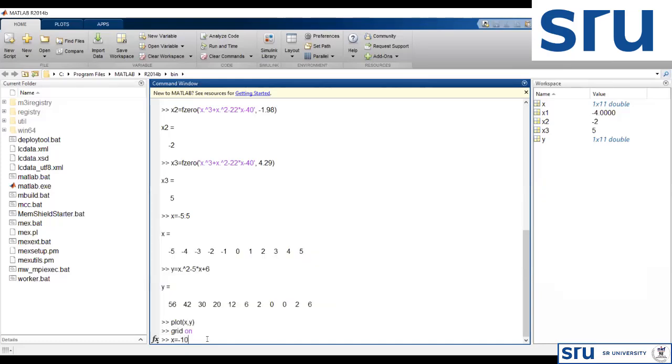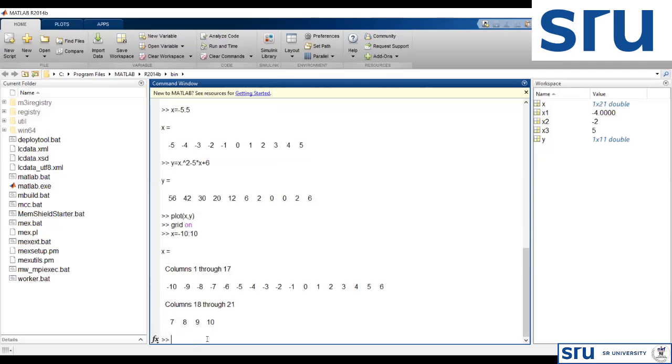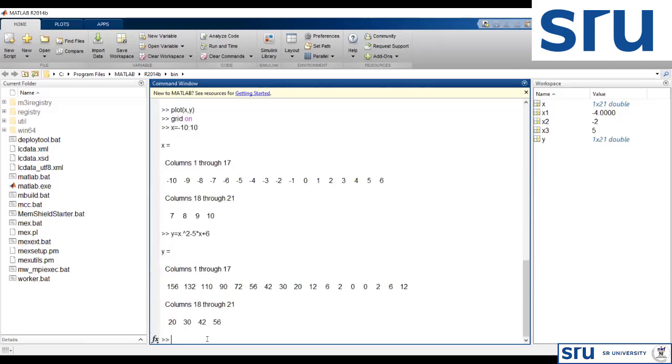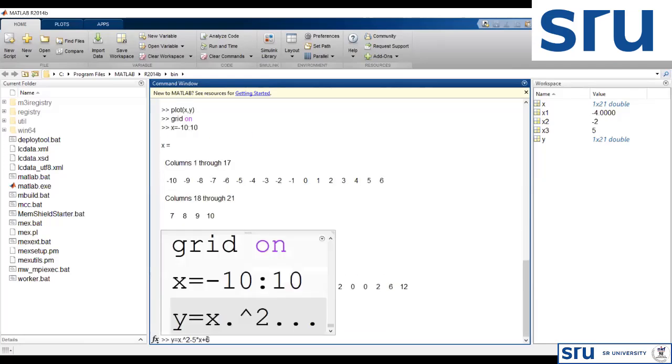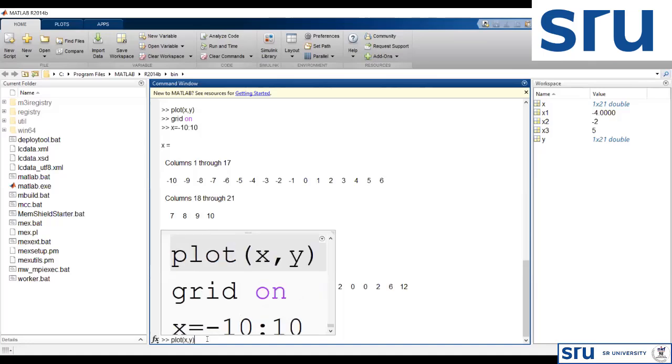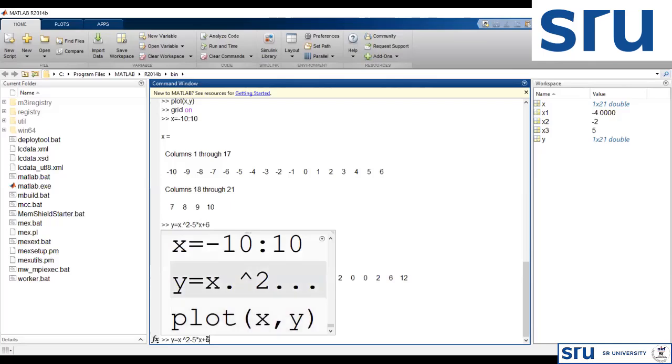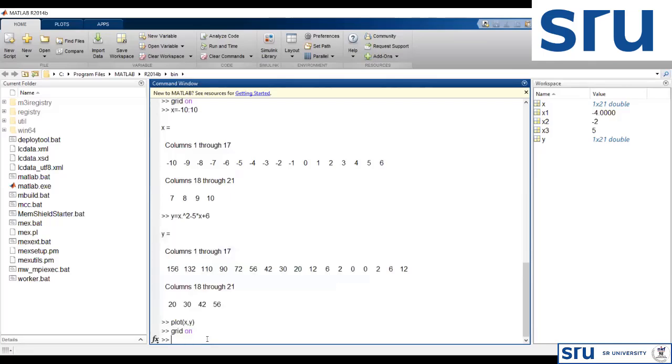Then our function value is this. Then plot, and then grid on. Now I'll show the plotted graph.